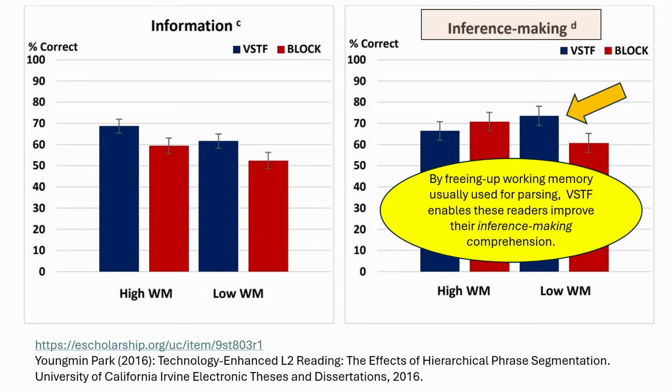In the inference-making comprehension tests, it was the group with the low working memory who had a substantial rise, attaining a level of inference-making comprehension that was comparable, if not slightly greater, than that obtained by the high working memory group.